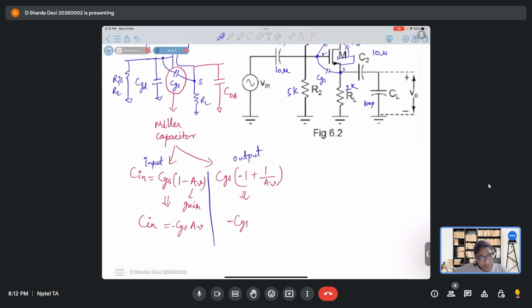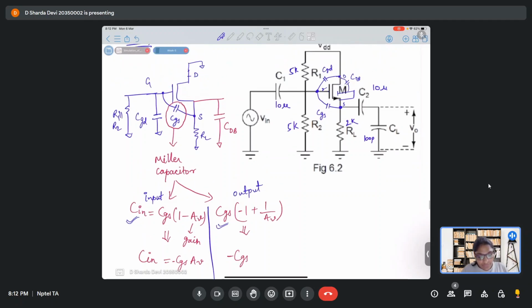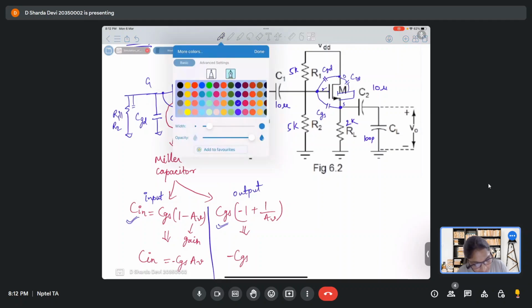So now we know what the actual capacitance will be at C in and at C out, right? So if I add this CGS, I'll add it over here. Maybe I'll use some other color.